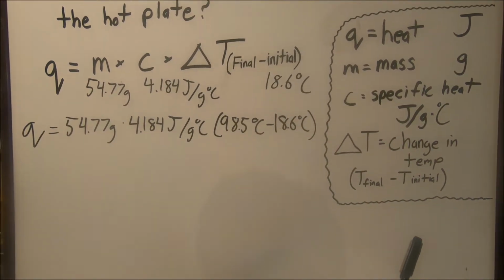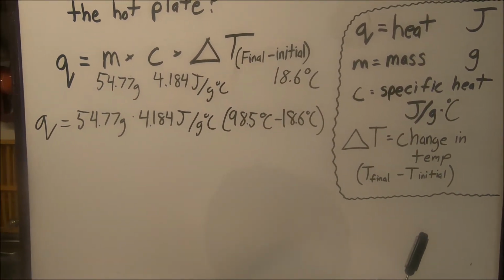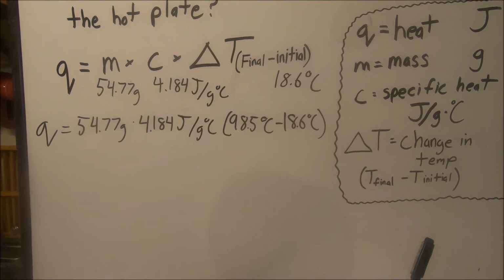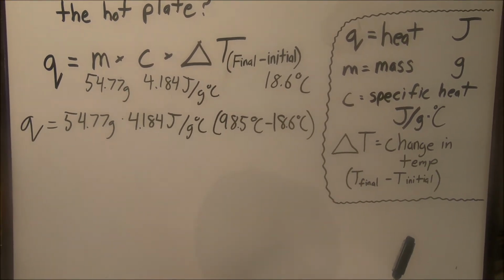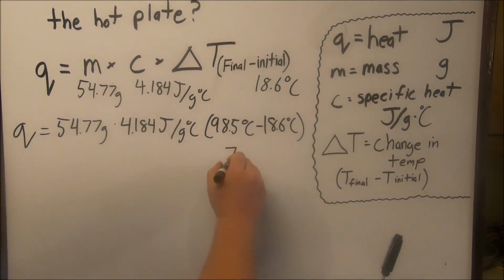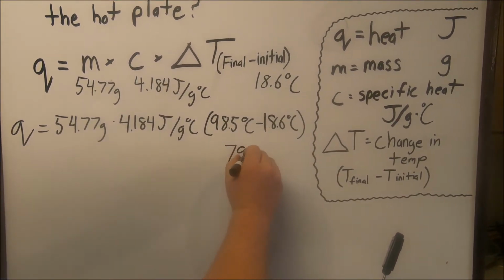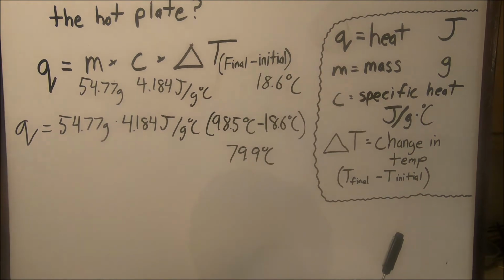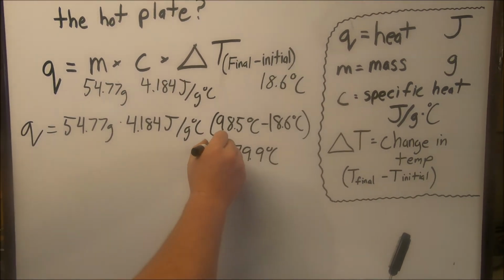So if we were to do some calculations, that first one we want to look at, that 98.5 degrees Celsius minus that 18.6, we have a temperature change of 79.9 degrees Celsius. Note that that's a positive number.